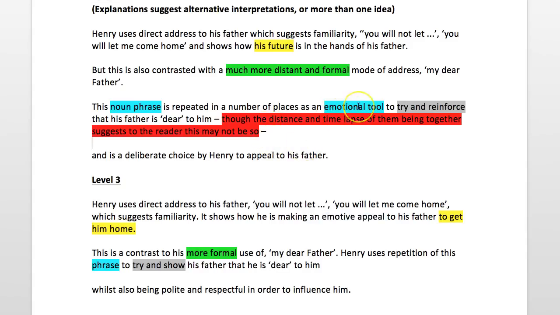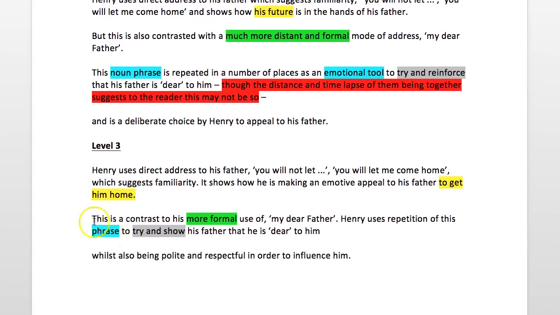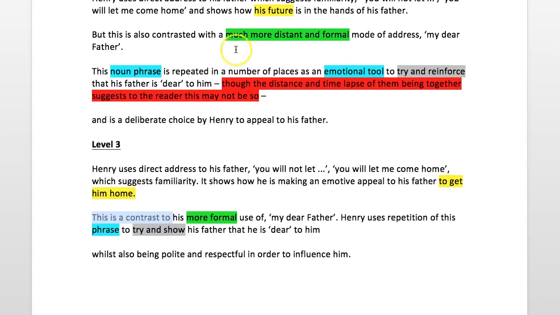You can see the emotional tool matches with the emotional appeal, but this idea of the contrast of formal tone, which is there, is developed much more fully in this bit, and it's the bit in red that's going to get you the extra marks, introducing extra interpretations.